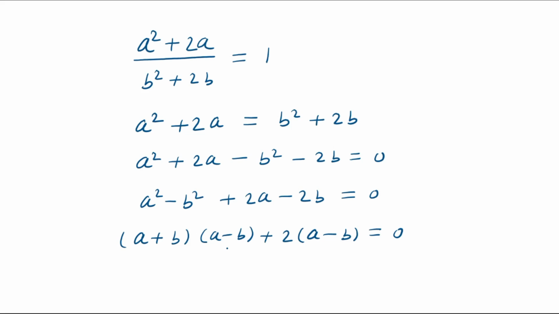In the left hand side a minus b is a common factor, so if we take a minus b common, then you will get a plus b plus 2, and this is equal to 0. A minus b is multiplied by a plus b plus 2, and this is equal to 0.